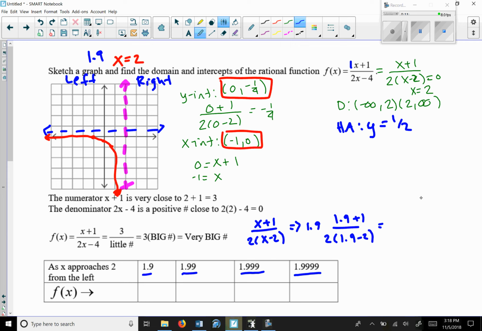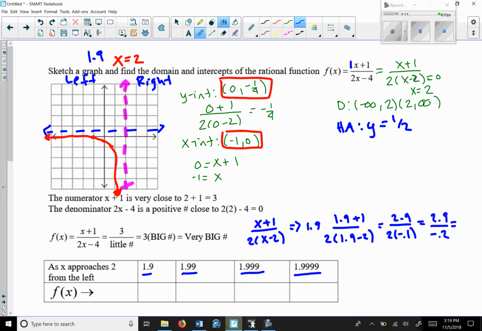So 1.9 plus 1 is 2.9 over, and then 1.9 minus 2 would be 2 times negative 0.1, which gives us 2.9 over negative 0.2. So this is what we were talking about. We have basically 1 over a very small number, because this 2.9 is not very large. So if I have something over a very small number, I know it's going to be equal to a very large number. Could we actually figure out what that is?